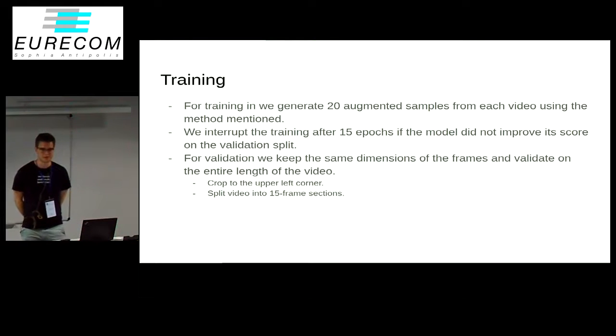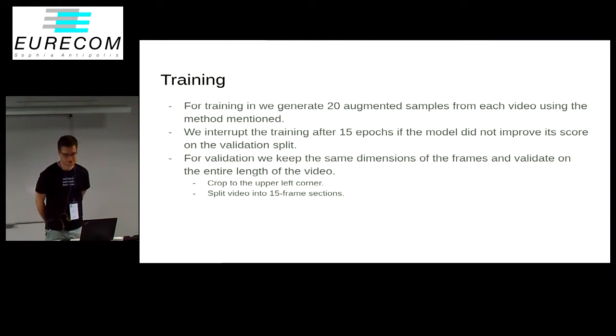But in motility, we crop the videos to the same size, 128 by 128, so what the networks train is valid for the final results. And to train on the whole video, we split the video up into 15 frame blocks, and then for our final score, first we take the mean score for each video individually on all blocks, and then we take the mean of those scores as a final score.